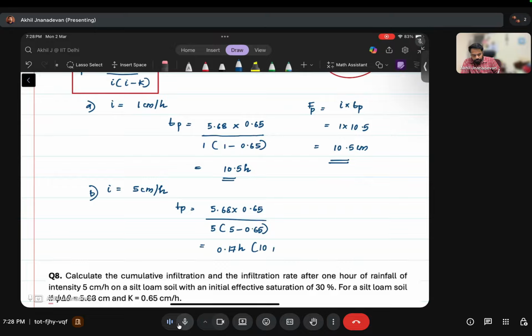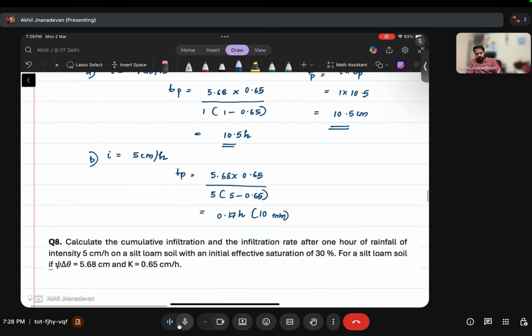Earlier it took 10 hours for the ponding to start. Now, if 5 centimeter per hour rainfall is happening, it will take only 0.17 hours, or 10 minutes, for the ponding to start.